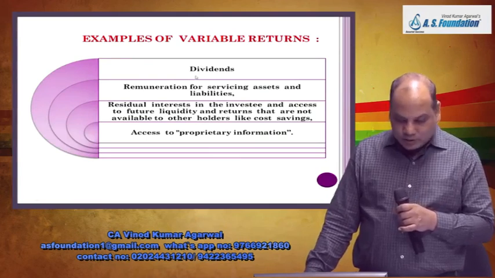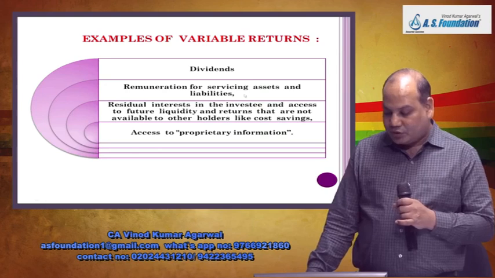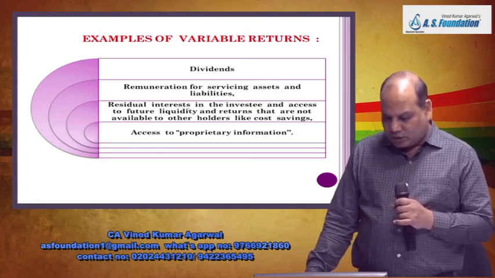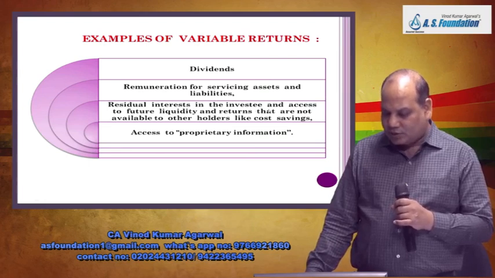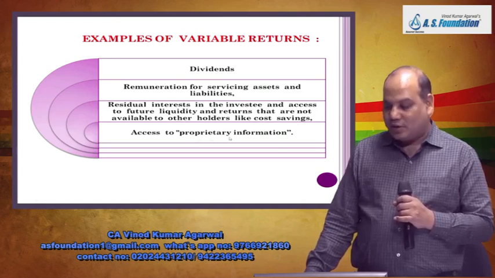Examples of variable returns: dividend, remuneration for servicing assets and liabilities, residual interest in the investee, and access to future liquidity and returns that are not available to other holders, like cost savings, and access to proprietary information also.